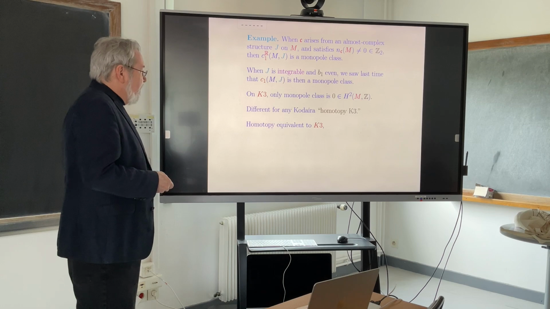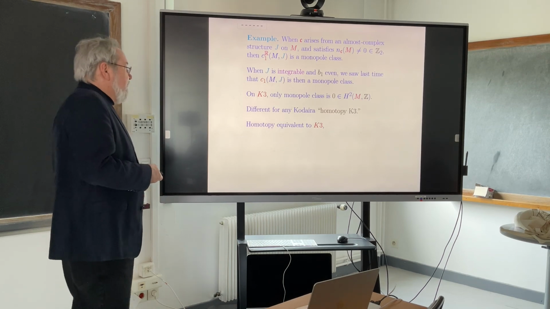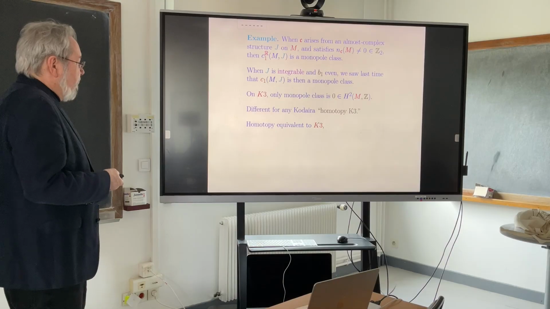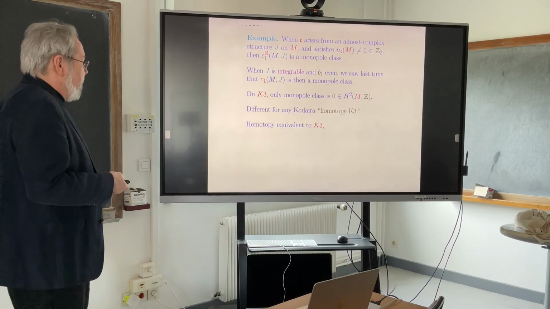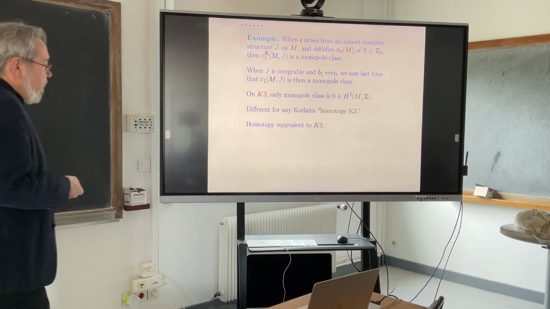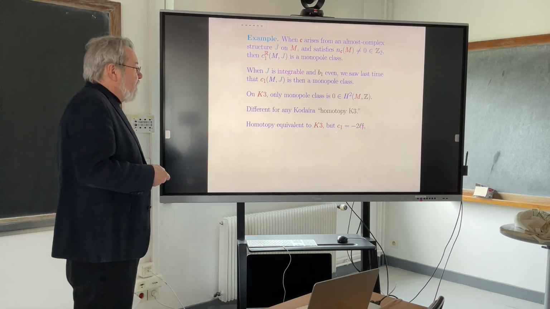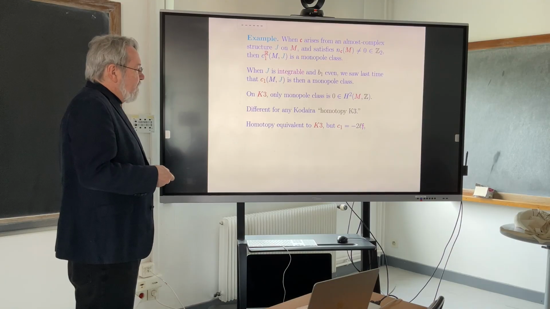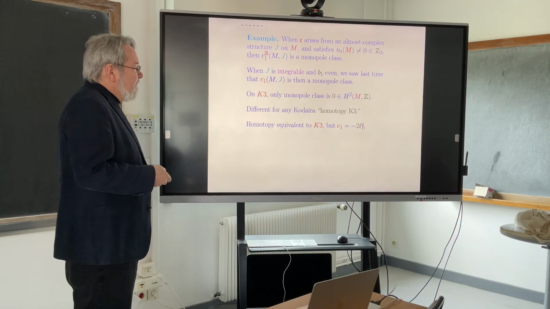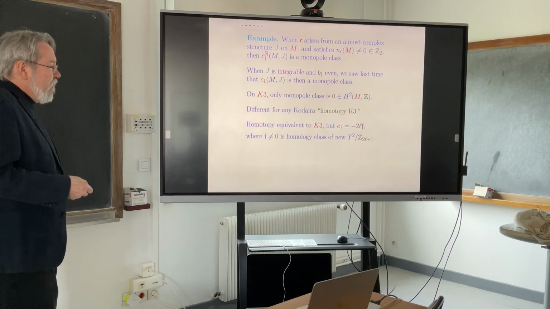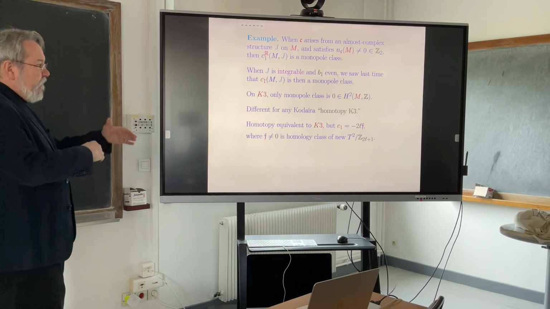You can check that it's still spin, it still has the same b plus and b minus, it's homotopy equivalent, still simply connected. It's homotopy equivalent to the original K3, but on the other hand, its first Chern class is not trivial. In fact, its first Chern class is minus 2L times F, where this fiber F is the new homology class that we've introduced by sticking in this short torus.